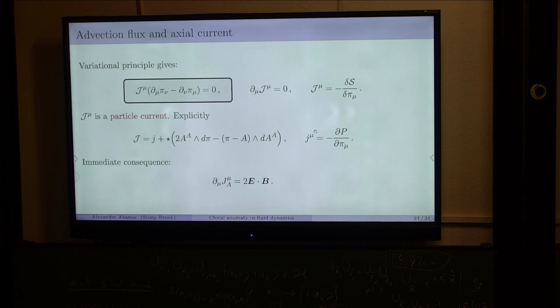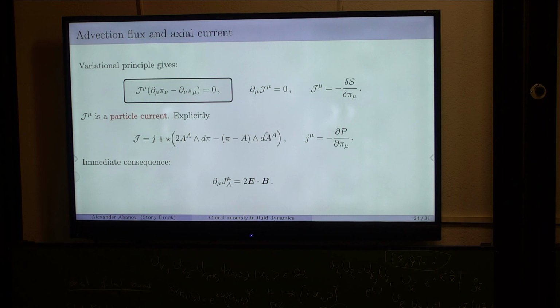So the variational principle gives again this equation, because nothing changed, it still depends only on one dynamical field pi, and we showed that it's very generally true. And explicitly this particle current now, you just have to take that action and vary with respect to pi, is given by the previous current, which is something like n times u in the relativistic case.